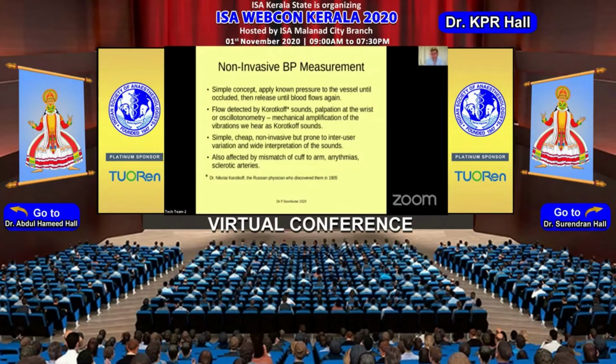Non-invasive blood pressure measurement, of course, is simple, it's cheap, it's non-invasive, it's the kind of thing you can carry around with you as GPs would, but it's pretty prone to inter-user and intra-user variation, and a fairly wide interpretation of the Korotkov sounds. Even today, there's some debate as to what each of the sounds actually signifies.